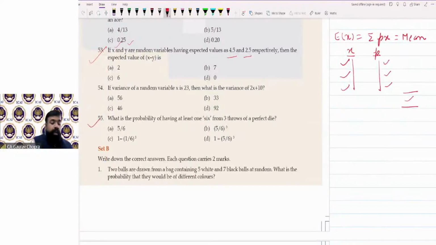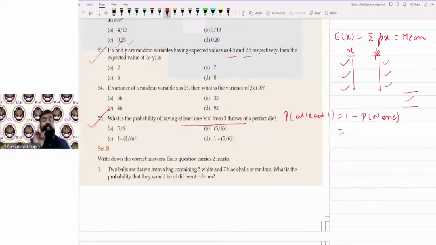Then 55. Find the probability of having at least one 6 from 3 rolls of a perfect dice. So what do we write? At least one 6. Whenever it is at least 1, we write 1 minus the probability of none.